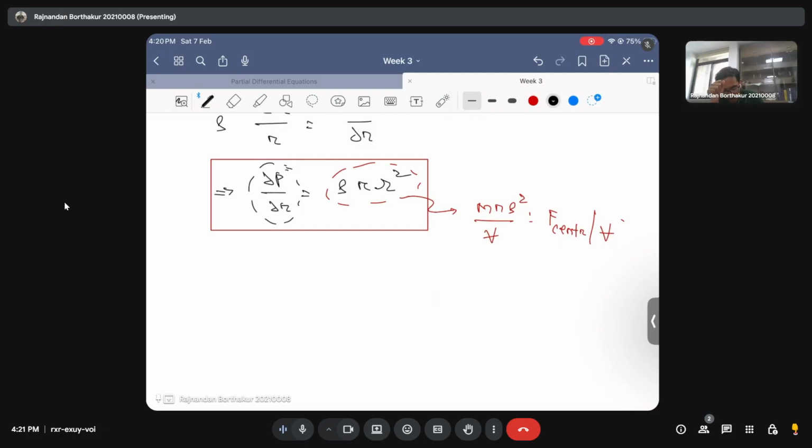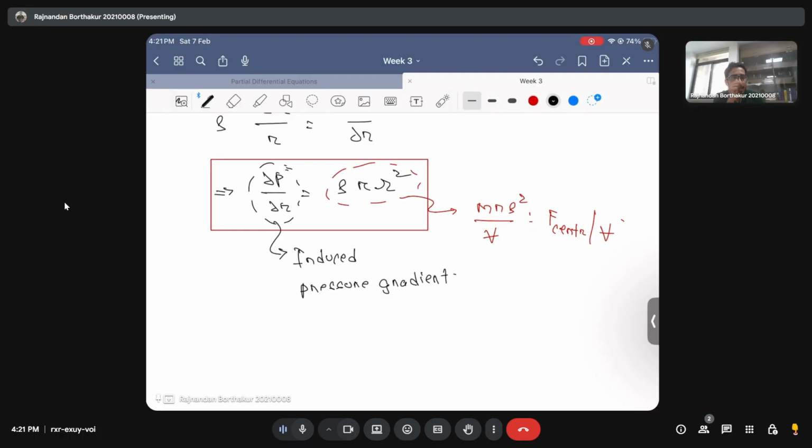So this del p del r is kind of like an induced pressure gradient that basically gets developed in order to balance the centripetal force, which tries to move the fluid far away from the center. To be more precise, this pressure gradient gets developed and we call it the induced pressure gradient.